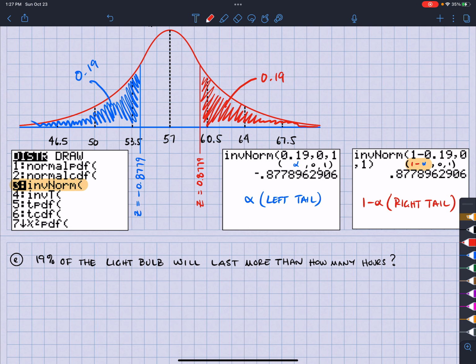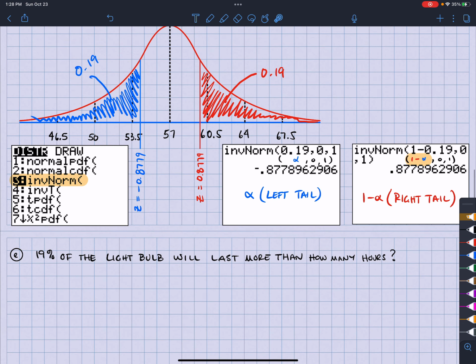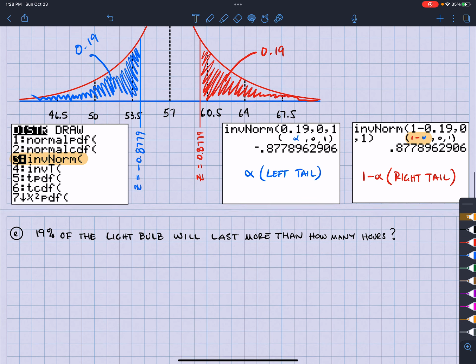From there, now you can look at what they want, right? Because if you notice, again, the 0.19 is this whole area here. The area itself is still the same. All right, so for the Desmos, however, it's a little bit different.